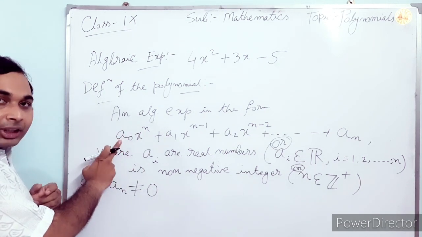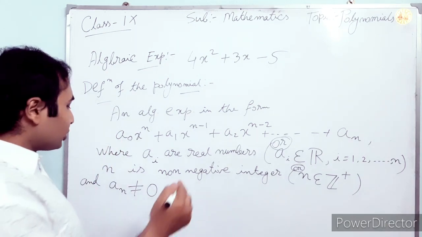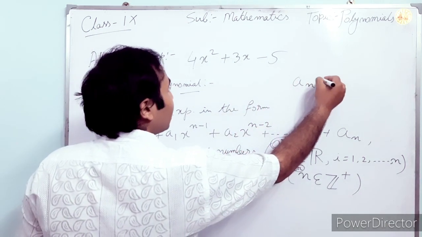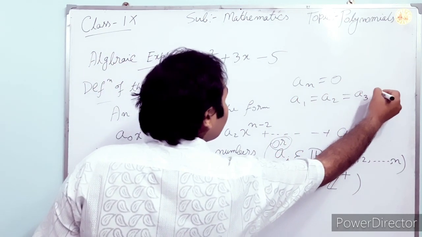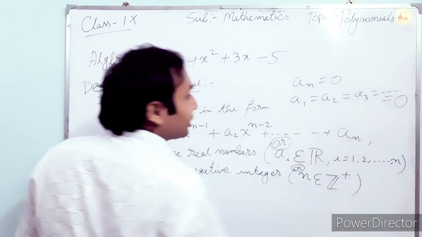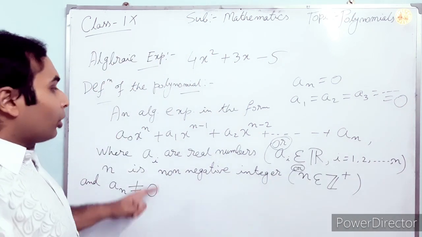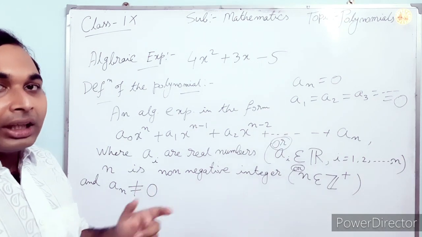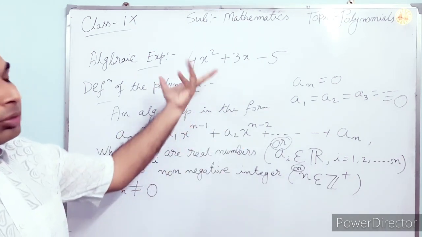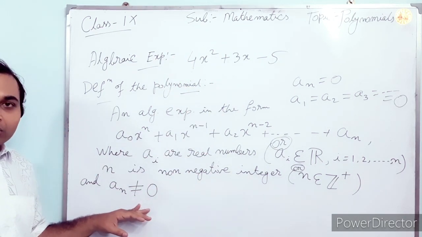If I am taking an equals to 0, that means a1 equals a2 equals a3, all are 0. So if all are 0 here, then how can the expression exist? The expression has no existence if all those things are 0. That means the 0 only. So that's why an is not equals to 0.